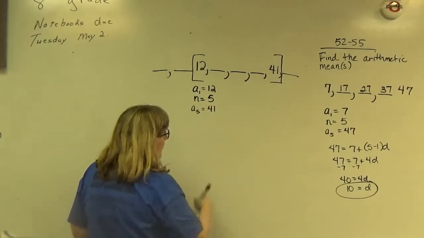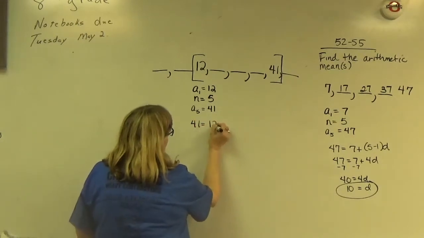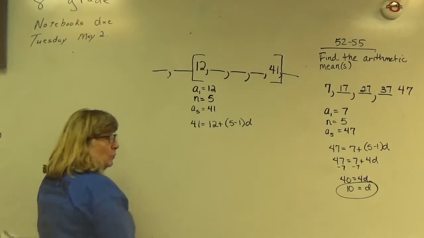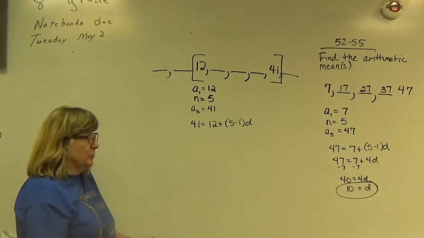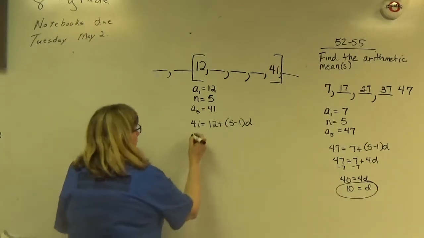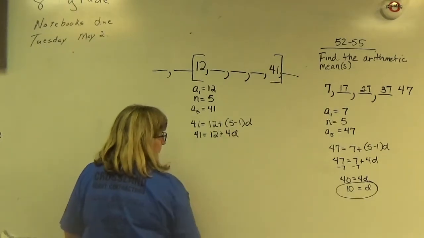41. So I can use my formula again, right? So 41 equals the first term plus the number of terms minus 1 times, I don't know the difference. But once I find that difference, I can fill in the blanks with those means. So what would I do to solve first? Subtract 1 from 5, so 4D.